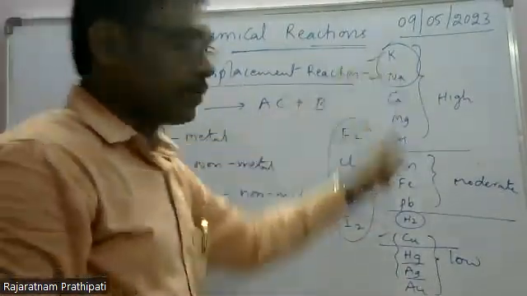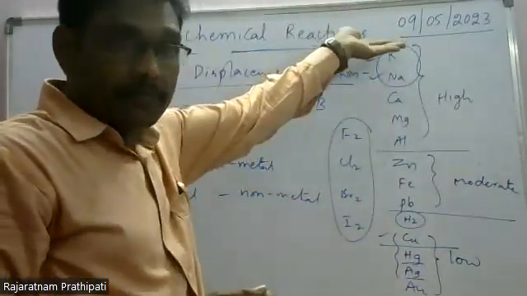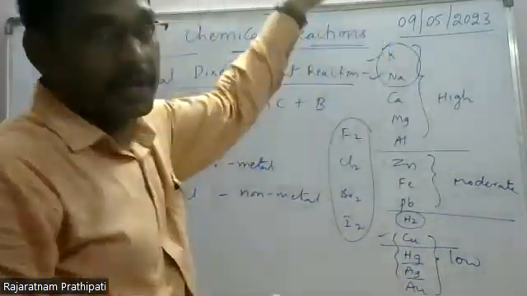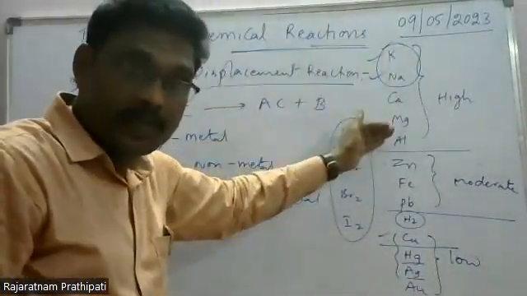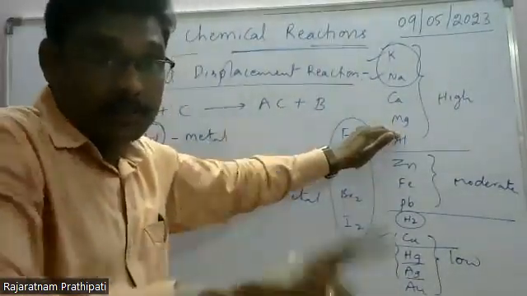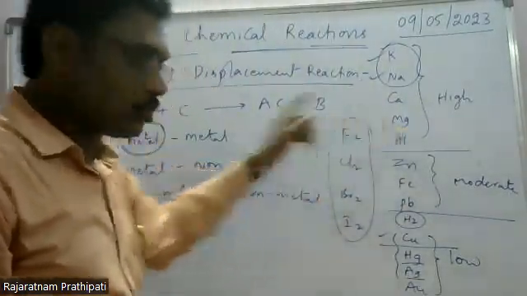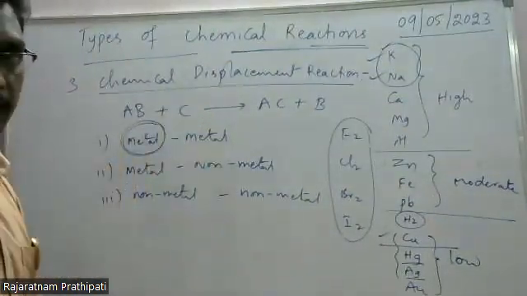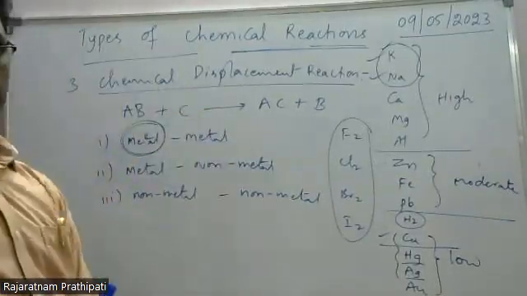That means, in activity series, the metal which is present above, that metal displaces bottom metal. Means top metal always displaces bottom metal. Here bottom metal does not displace top metal because bottom metals are low reactive metals. Only high reactive metals displace low reactive metals. Low reactive metals do not displace high reactive metals.